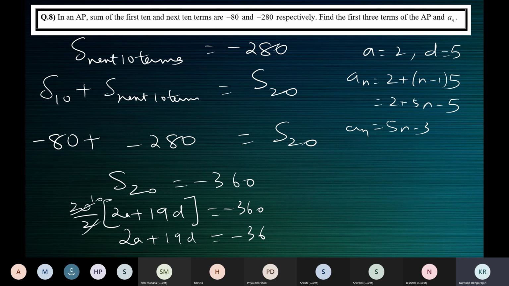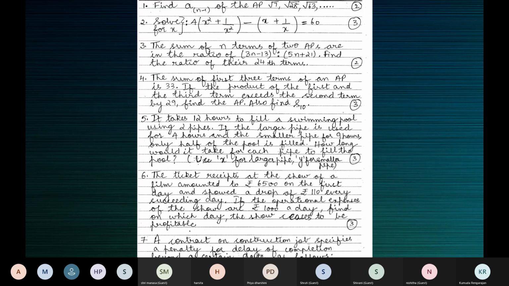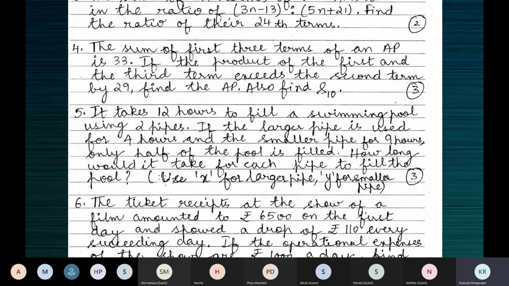All right, so that's about this answer. Okay, you can see a question here. Do this, children, from quadratic equations.